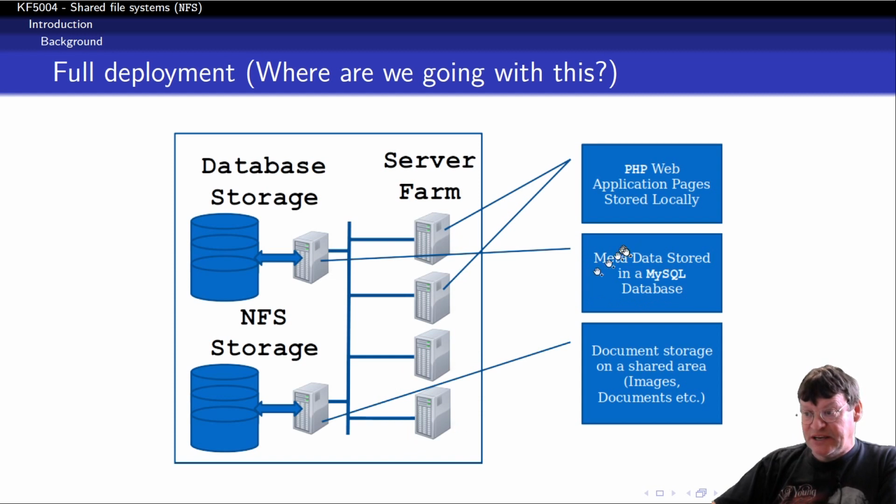All of the metadata associated with the information that is added to the website, and usually the stored location of things like images and documents, would be in the database, and then the actual file storage itself would sit there as well, and that would be where the content is uploaded. So if a document was uploaded to, say, this first web server, it wouldn't be stored locally, it would be stored on the shared storage, and that would make it automatically available to all of the other web servers within the farm.